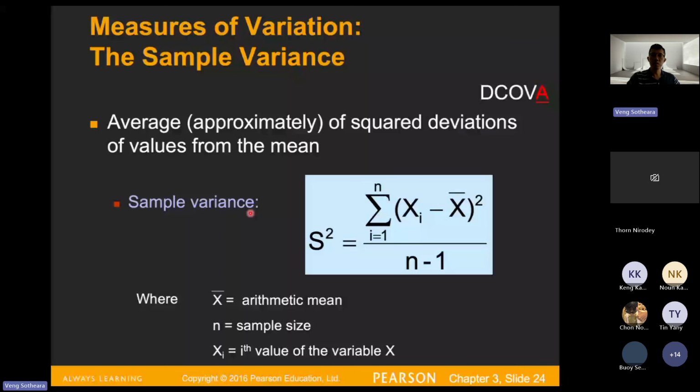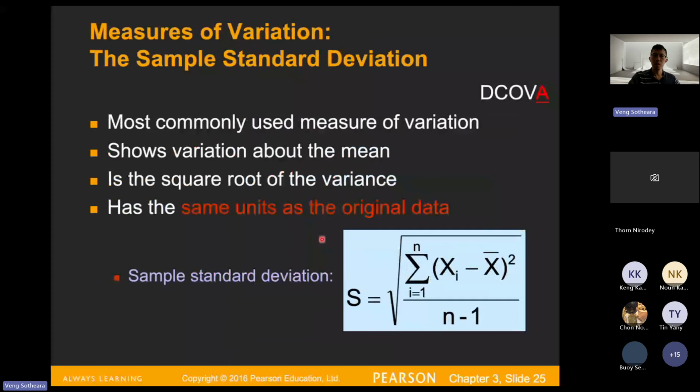In the process, you square those values. So at the end, if you take the square root of this measure, you will get what we call the sample standard deviation, a measure of spread, a measure of variation of a sample.